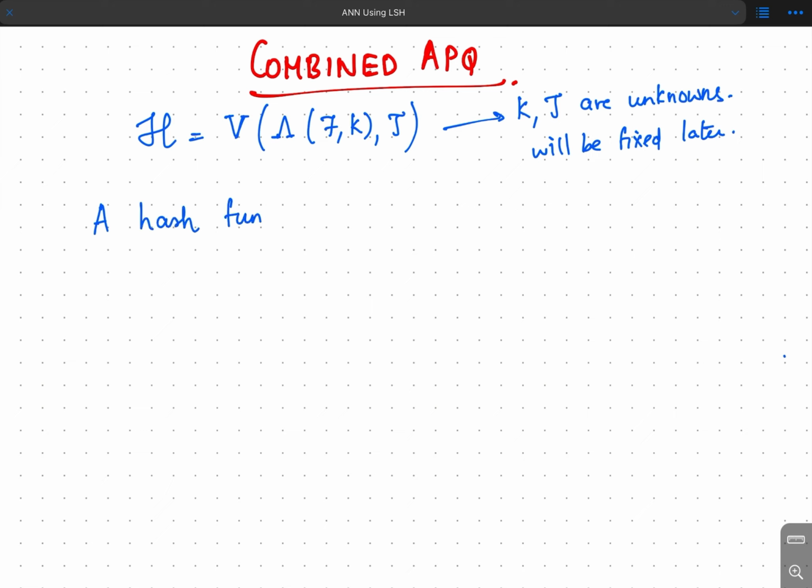A hash function h is given as input a point p, and computes the following matrix.